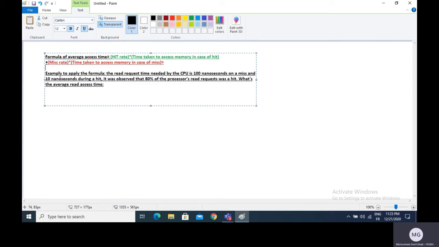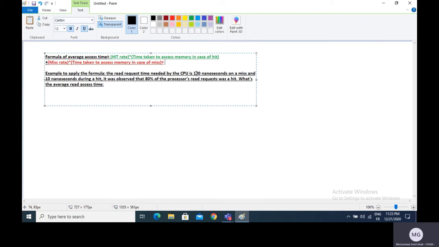So for example, we can apply the formula. The read request time needed by the CPU is 100 nanoseconds on a miss, and 10 nanoseconds during a hit. It was observed that 80% of the processor's read requests were hits. What's the average read access time? So let's first extract the needed information.